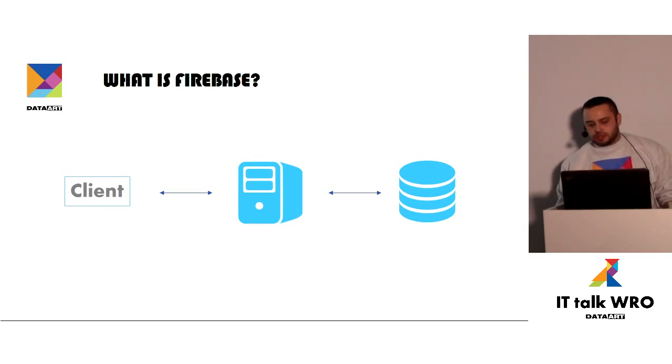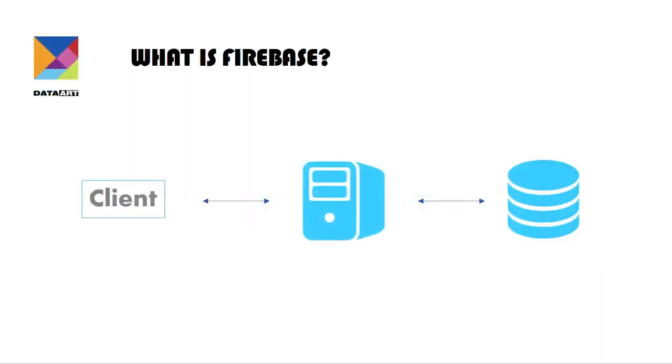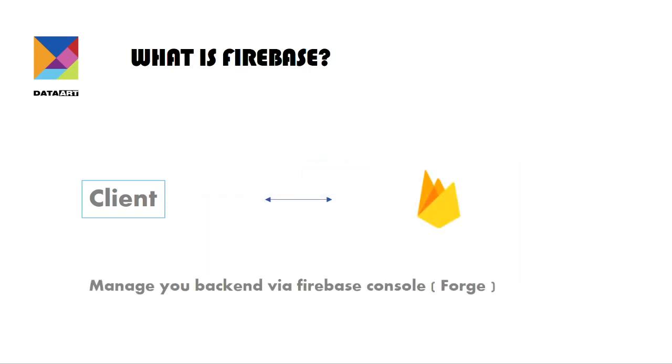So this slide shows you a typical way. Your client communicates with the server, your server communicates with the database. It goes back to the client, and it goes to the server and goes back to your client. This is not the case with Firebase.